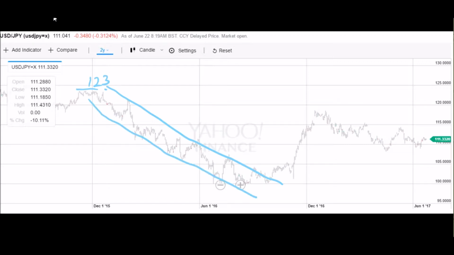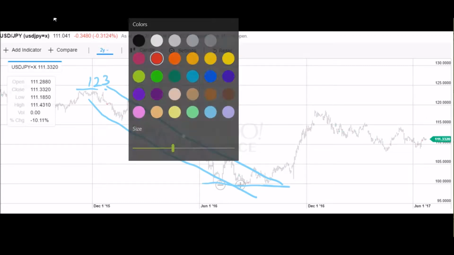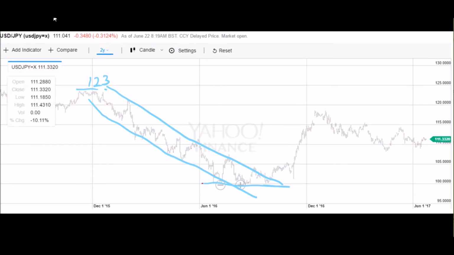Now the big figure 100, as we see, offered support, and dollar yen did not break this support. We also see something interesting: this is the base of the triangle from June to roughly October, November, and this is a descending triangle.